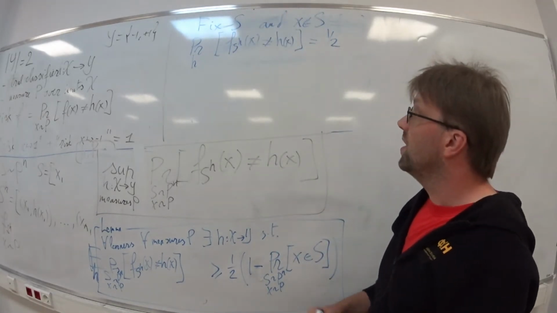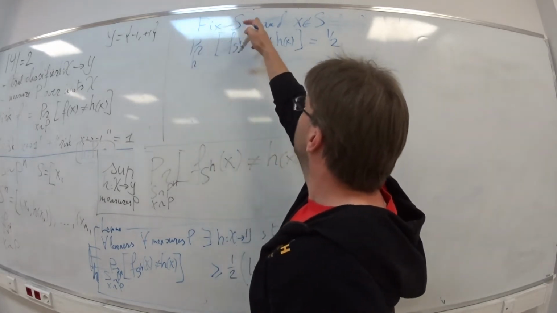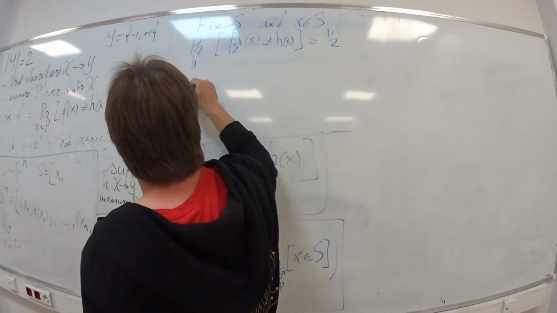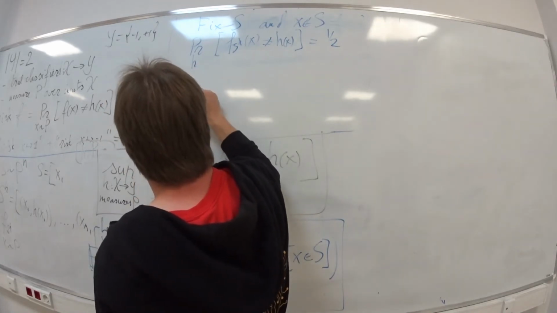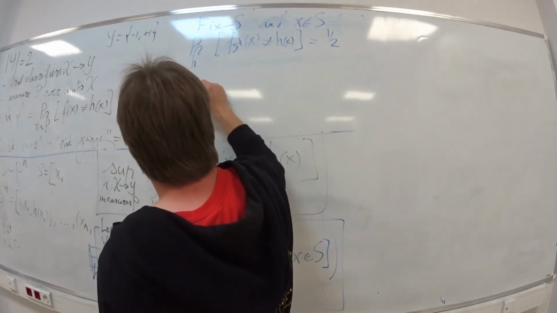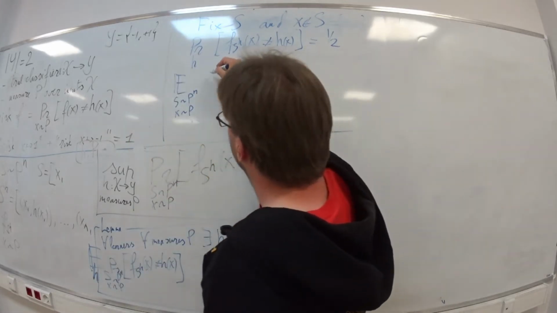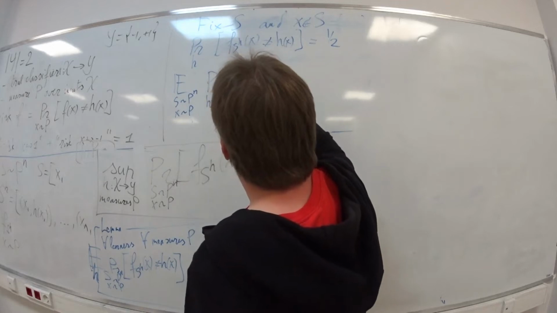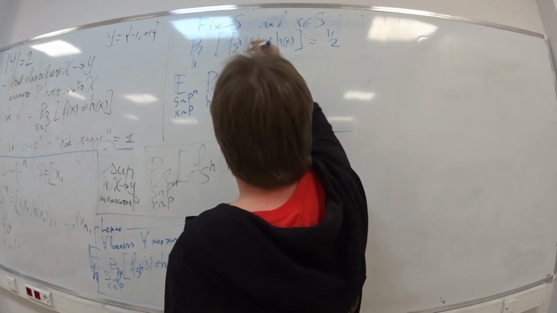Now let us take the expected value over S and x: the expected value, with S in P^n and x in P, of the probability over H. Let us write this as star.